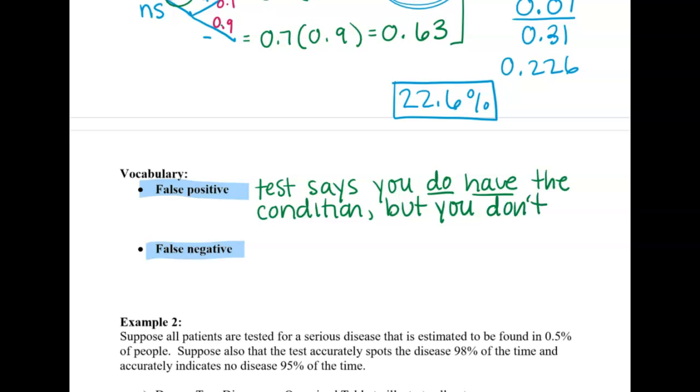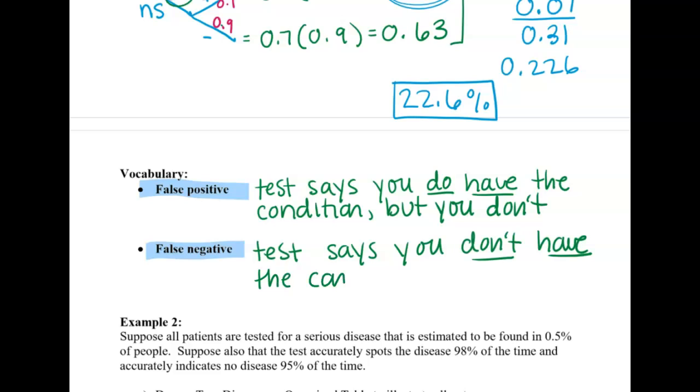False negative is where the test says you don't have the condition, but you do.